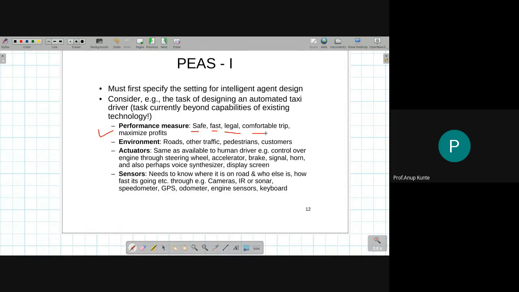If this is the only part that you want to model as an AI system, then all the other details are going to be missed. You won't be talking about the customer, pedestrians and other things as part of your environment. Your environment would then be only the road networks and the traffic status.